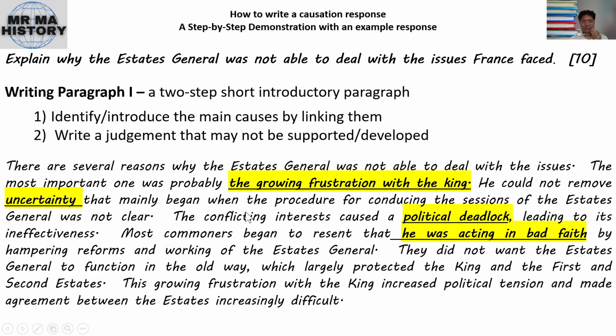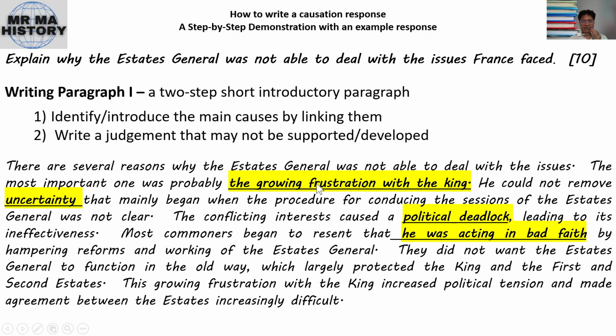At the same time, there is another feature that you can see in this introduction, and that is that it shows the connection between these reasons. No reason is written in such a way that it is acting independently. Each and every reason is connected to the others.